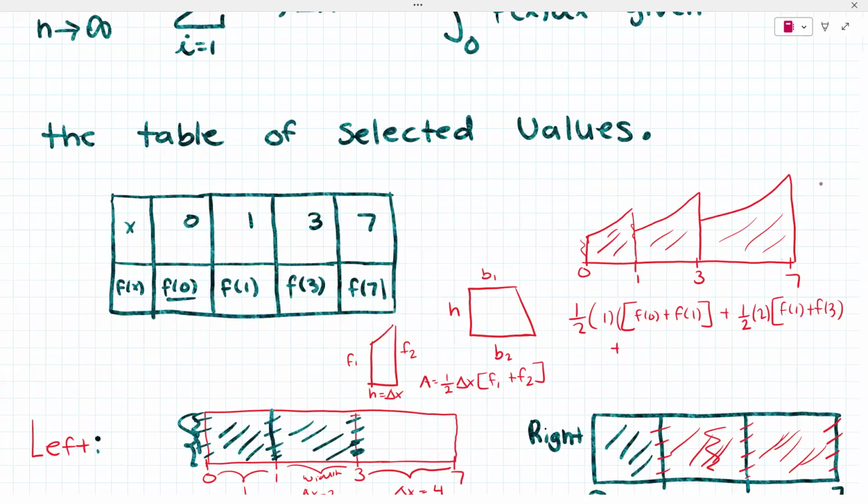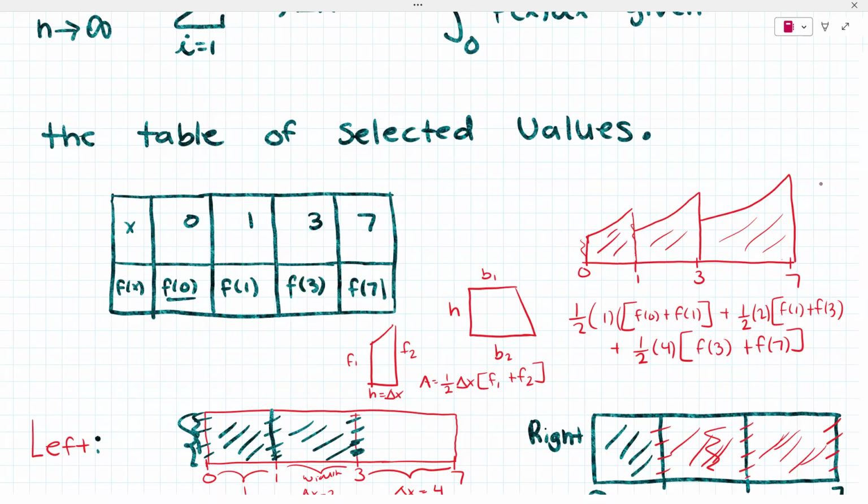And then you've got to find f of 1 and f of 3. Plus 1/2. The delta x from 3 to 7 is 4. And then you've got to find the height of f of 3 and f of 7. And that's it.